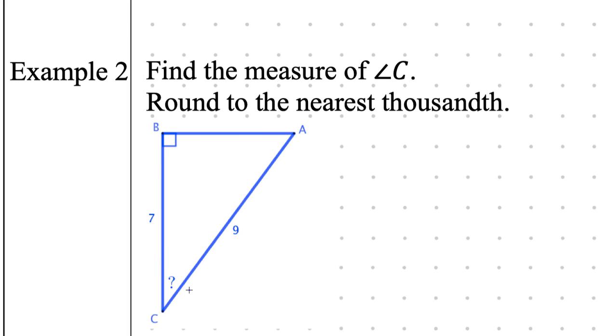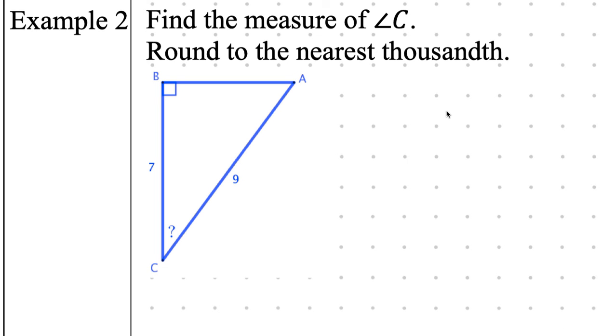All right, good luck. All right, so first I need to label these opposite, hypotenuse, adjacent. Josie, you want to do that for us? So 7 is adjacent. Hypotenuse. Perfect, thank you. Did you also want to set up the ratio or do you want to let someone else do that?